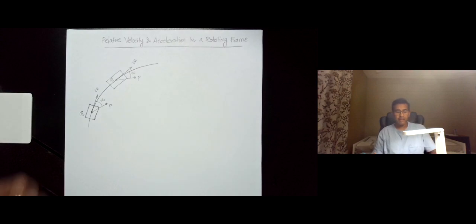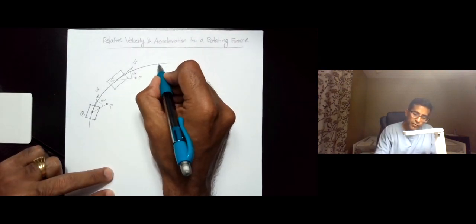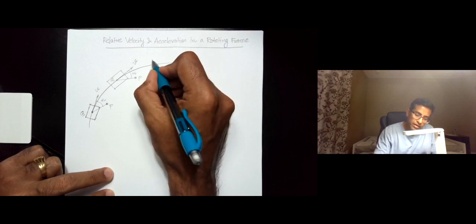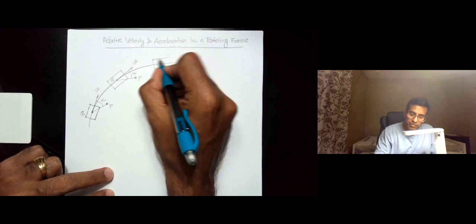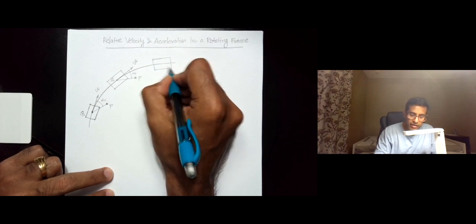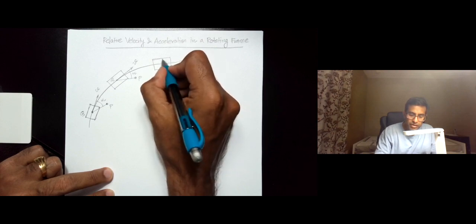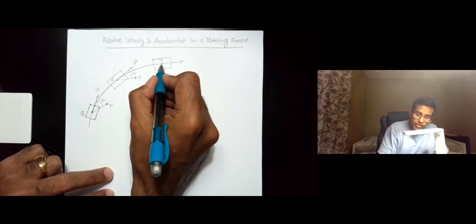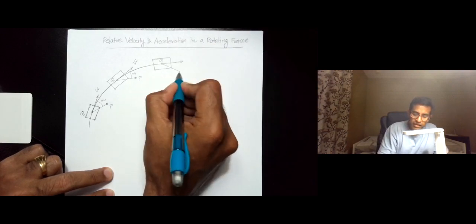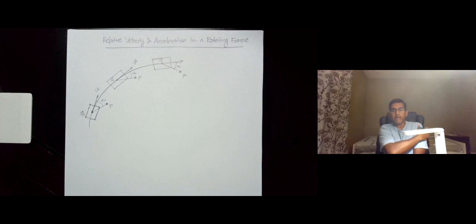After a couple more seconds, the vehicle is here, the velocity of the point Q is still tangent to the path, and the point P is still making an angle alpha with that path.